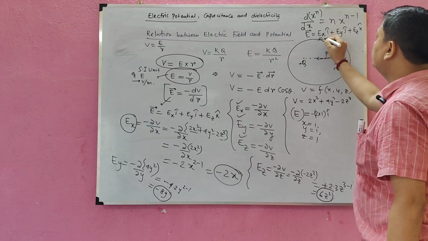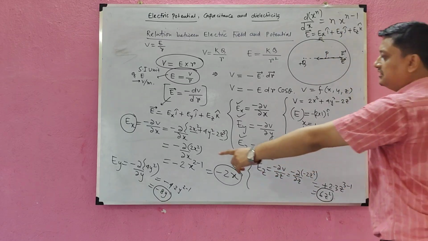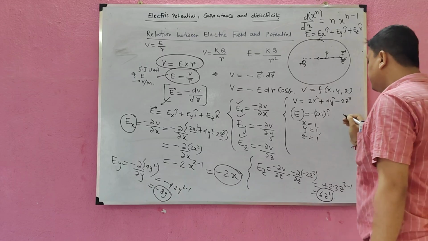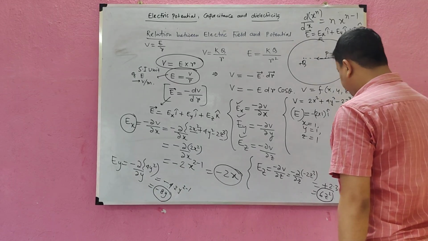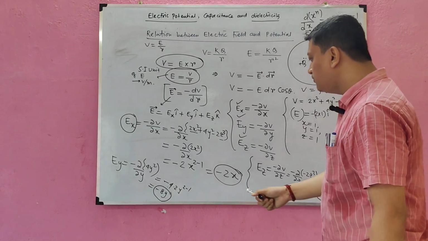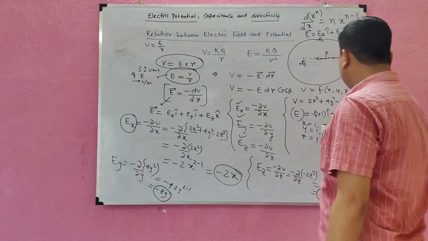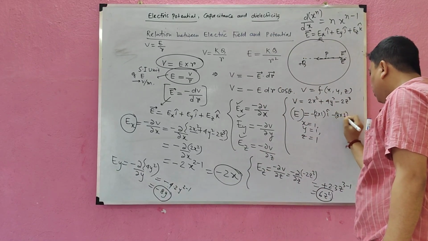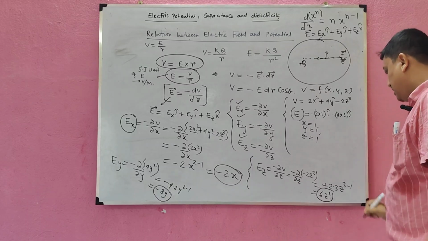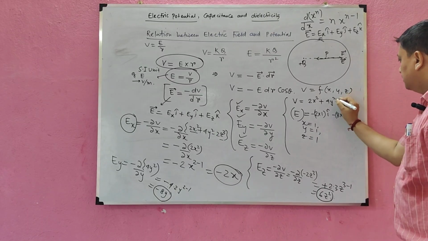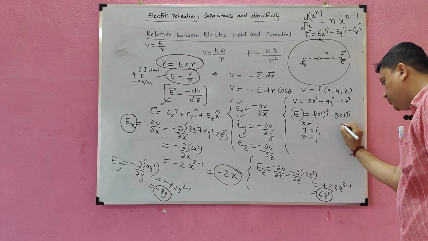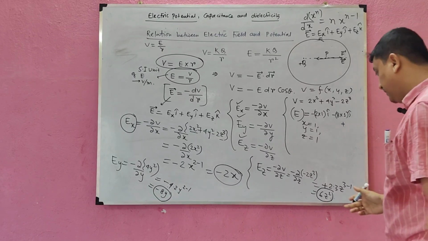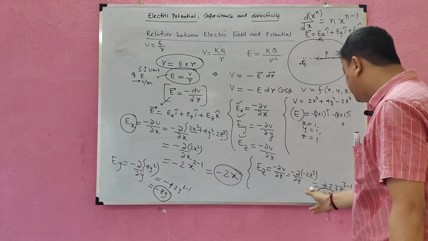So if we want to find out Ex, that is done by this. Just we have to put the direction i cap. Next what here? In place of y, that is minus 8y. So it will be minus 8 into 1 whole into j cap, and in place of z component, that is minus minus plus here.